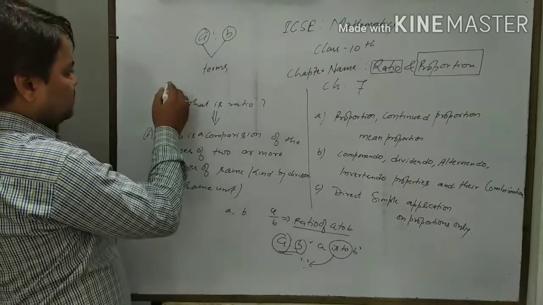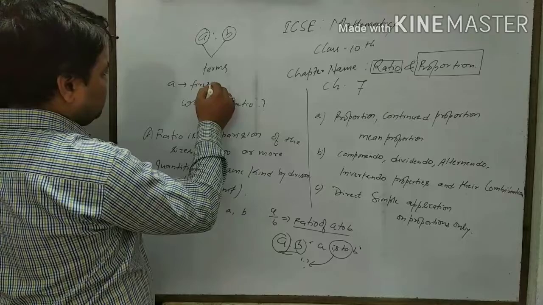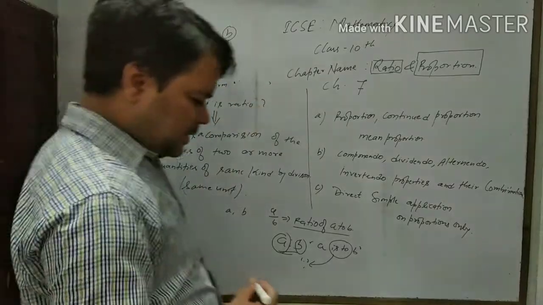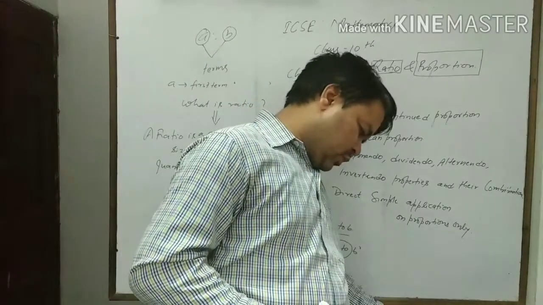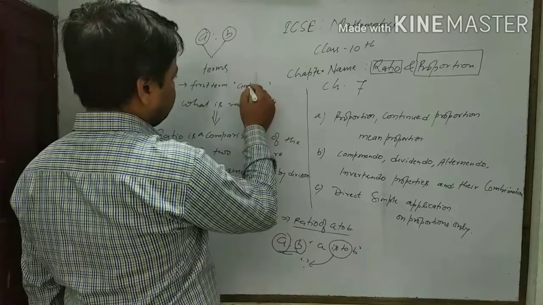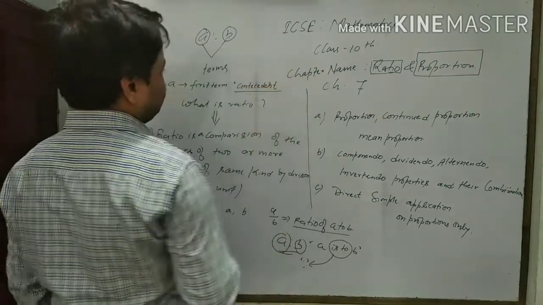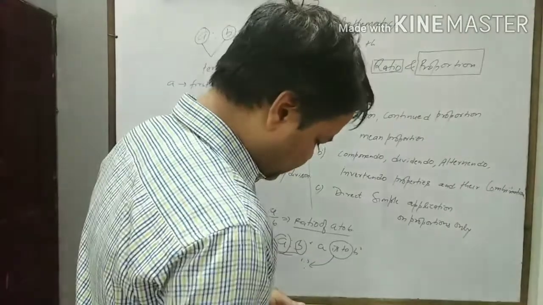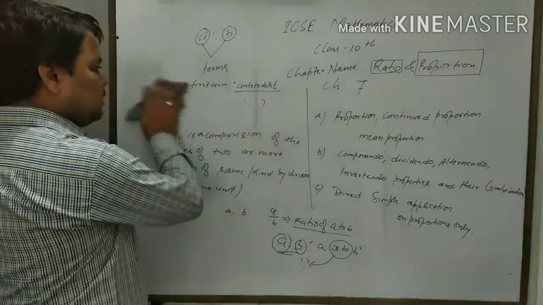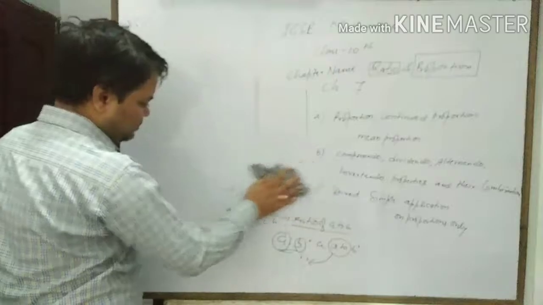A is called the first term, and it is also known as the antecedent. In a is to b, both a and b are known as terms.